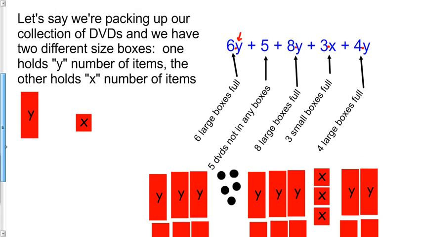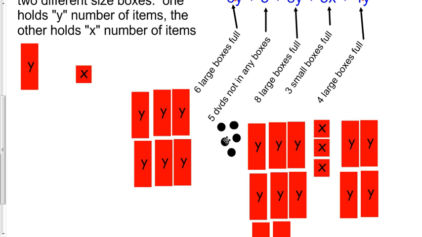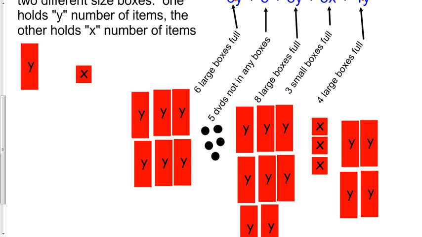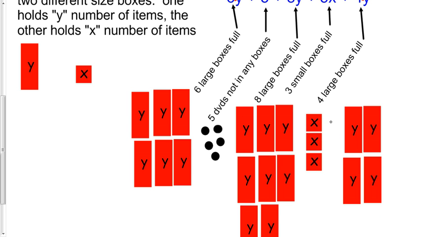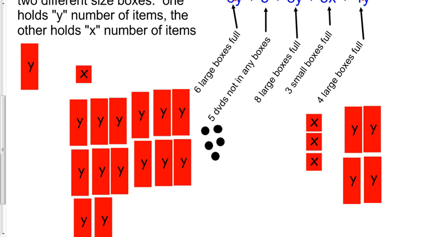So if we look at this in terms of a picture, it would look something like this, where we've got our Y boxes here, 6 of them, and 8 boxes full of the large ones, 3 small and 4 large. And when we combine like terms, really all we're doing is putting the things that are the same with each other.